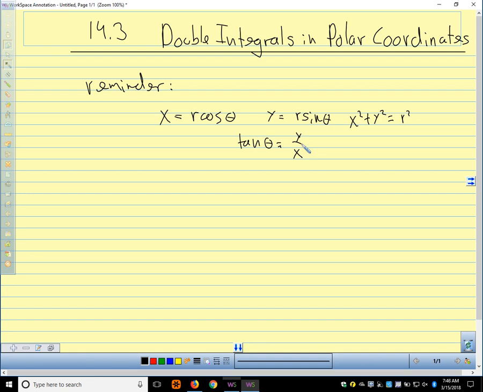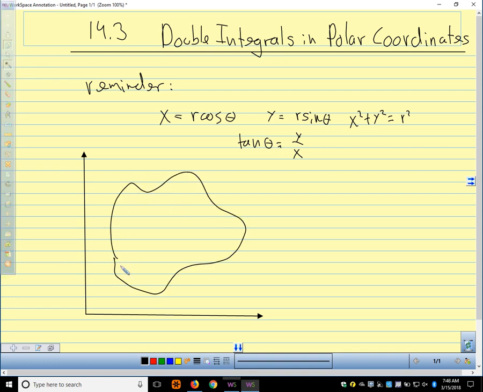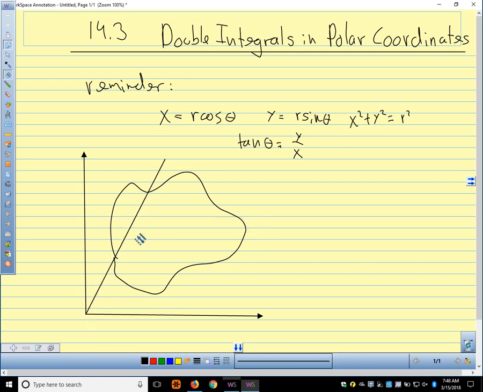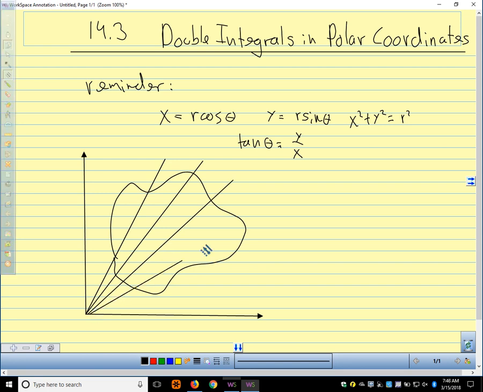So what we're going to do today to develop the idea of double integrals in polar coordinates is, if we have a region in the xy plane, we're going to divide it into what we call polar rectangles. So we have some region in the xy plane. We'll subdivide this in terms of angles, like so. And we could keep going so we get the entire region.